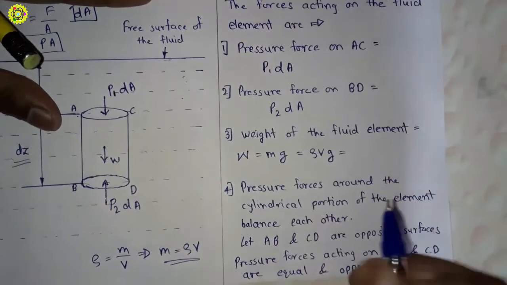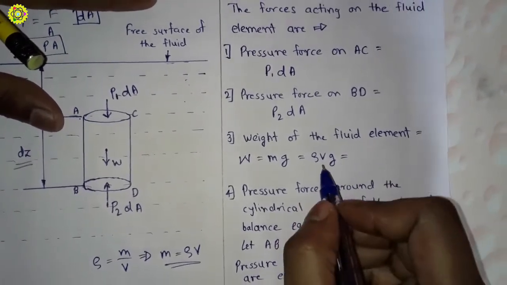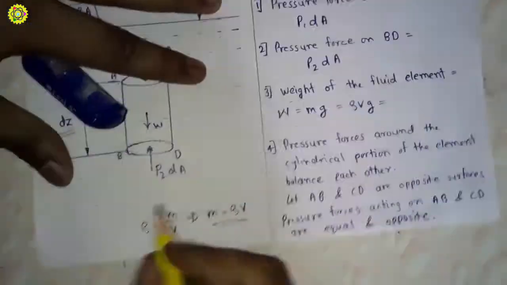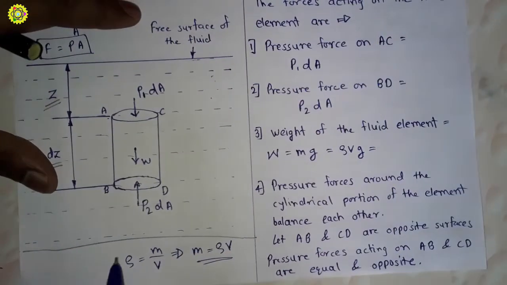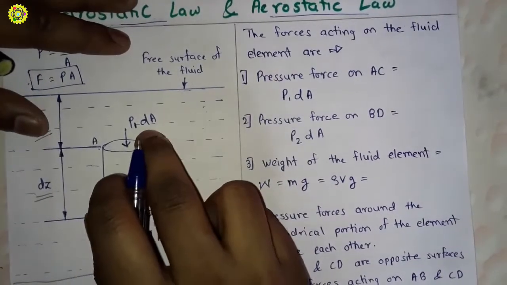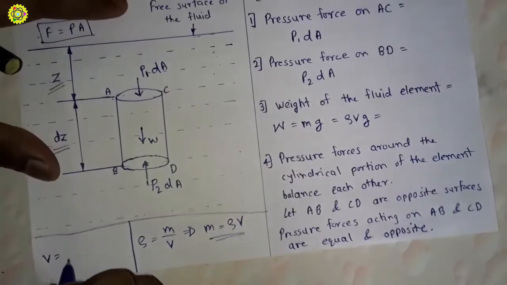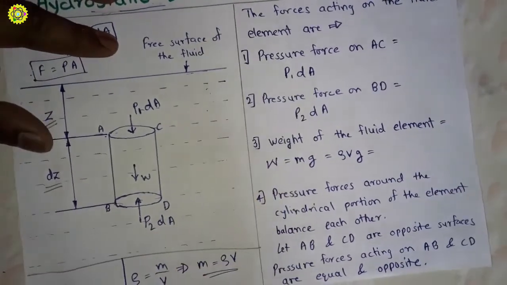Further we simplify it: volume v is equal to dA, the area of this fluid element, into height, in this case dz.